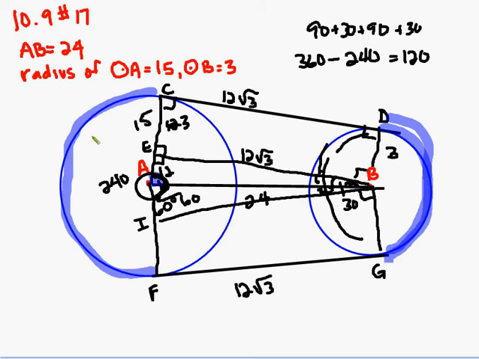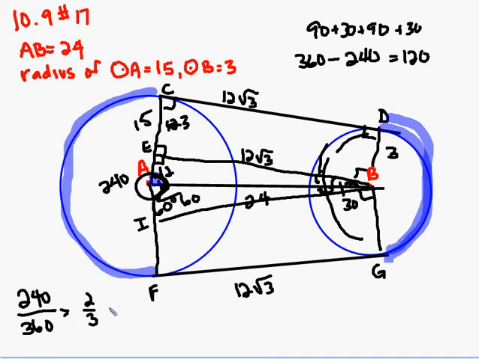So now what we have to do is figure out that portion of the circumference that relates to this distance, and so we'll tackle the larger circle first. In the larger circle, we know that the central angle measure is 240 degrees out of 360 degrees, which equals 2/3.